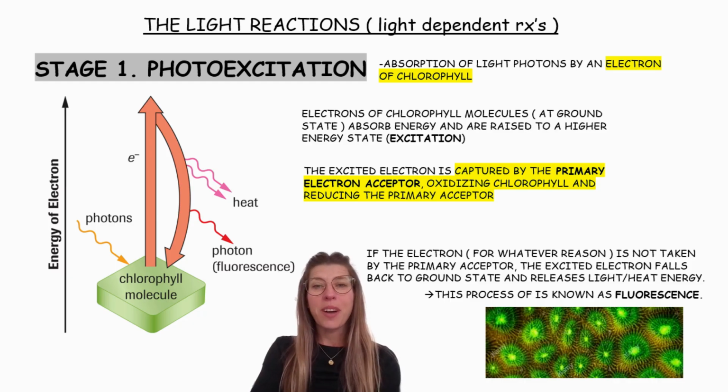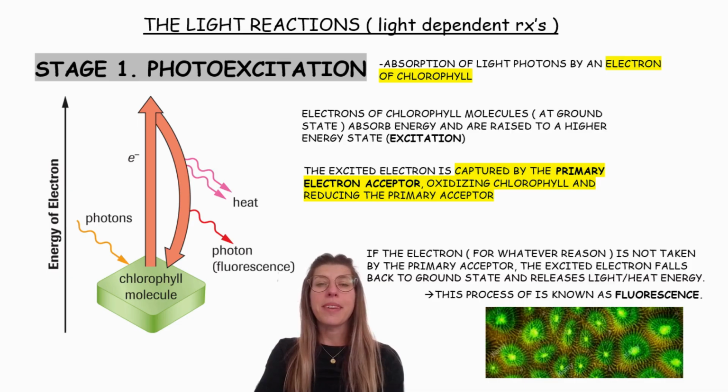So here's a diagram of stage 1 of photosynthesis, which is photoexcitation. And again, this is when the absorption of light photons is occurring by an electron of chlorophyll. So we could see a chlorophyll molecule there. We could see photons coming in, and we can see that electrons are increased in energy because of this incoming light.